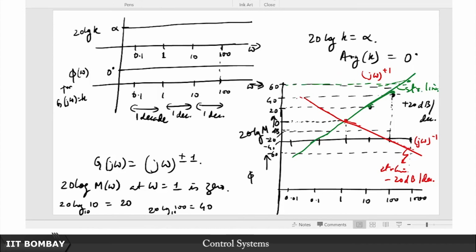What about the phase plot? Look, what about this phase plot? This is either a purely real number or a purely imaginary number, depending on what power you raise it to. Of course, for plus minus 1 it is going to be purely imaginary. Yeah. So if it is plus 1, it is going to be 90 degrees, if it is minus 1 it is going to be minus 90 degrees, if it is plus 2 it is going to be 180 degrees, because it is then minus omega squared.